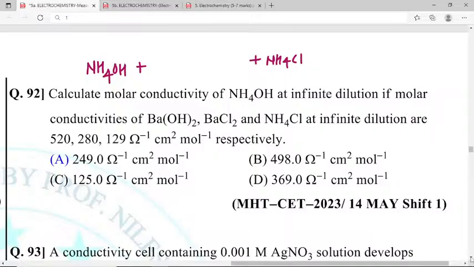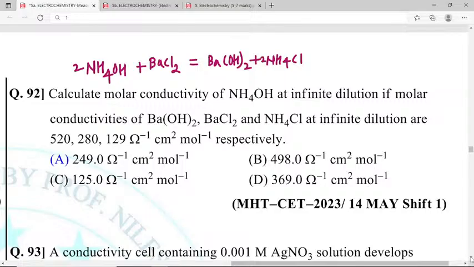Next, as chlorine is given, BaCl2 is on the right side, is equal to, and what is left behind? Ba(OH)2. So how to balance it? This is twice and this is twice.